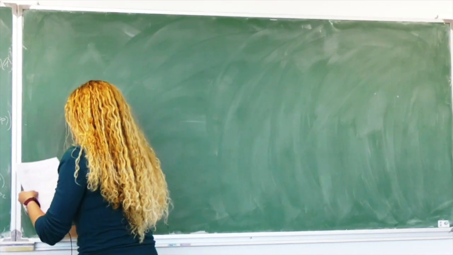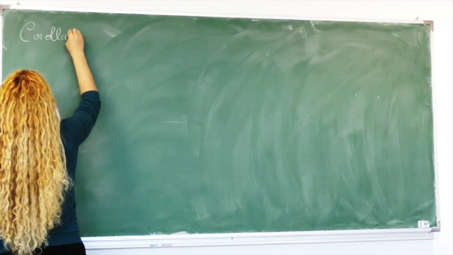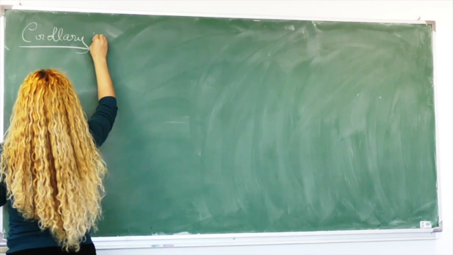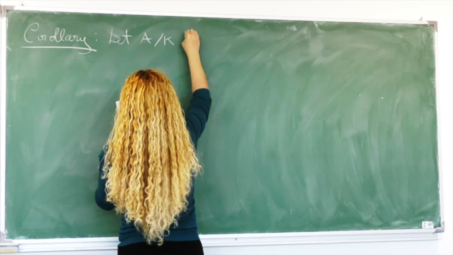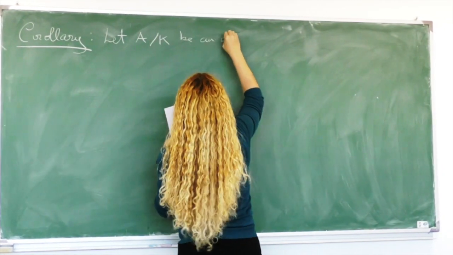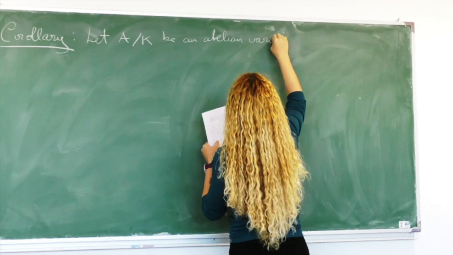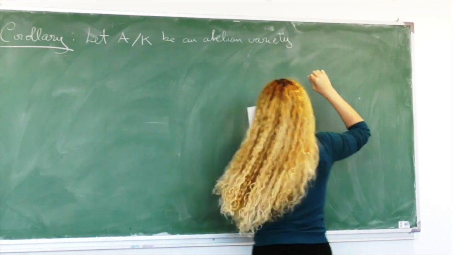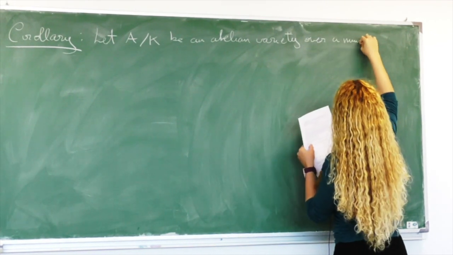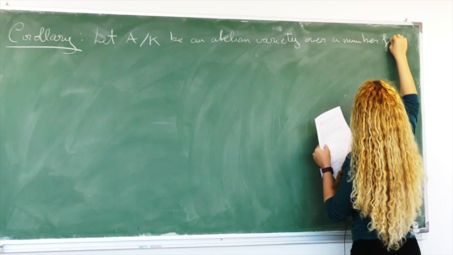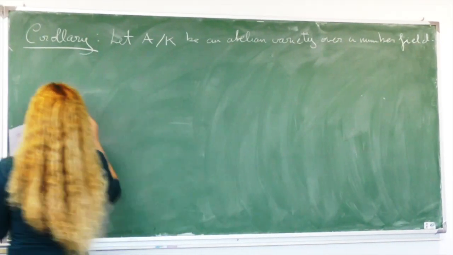Okay, corollary. Let A over K be an abelian variety over a number field. We take a divisor.